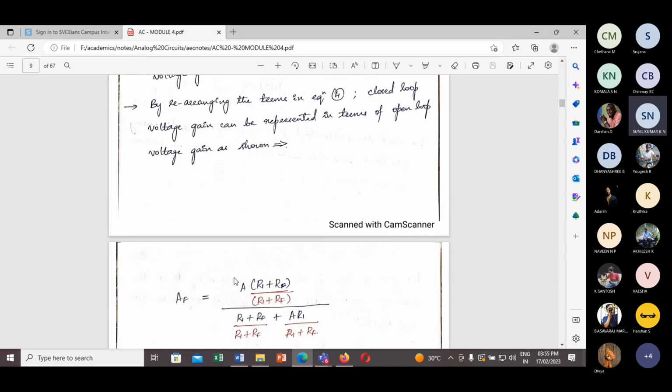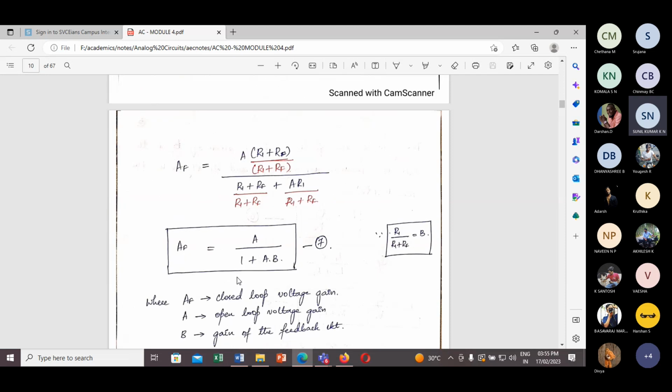So this is about the voltage series. Similarly, if I want to find out with respect to the exact analysis of the non-inverting amplifier gain, AF will be equal to A times of R1 plus RF divided by R1 plus RF plus A times of R1. So this is the exact analysis.